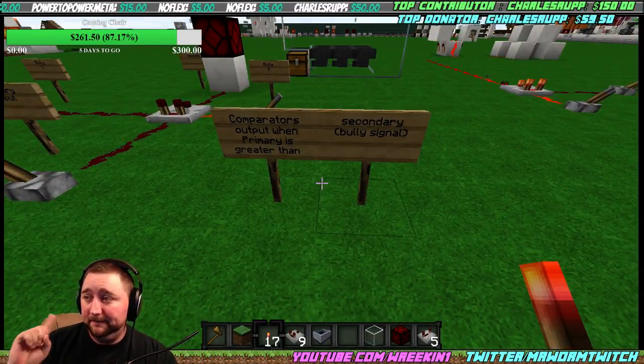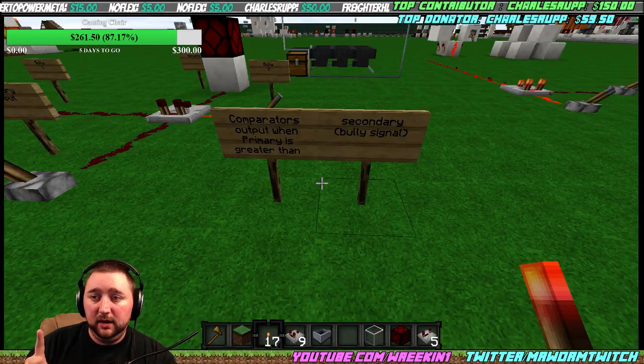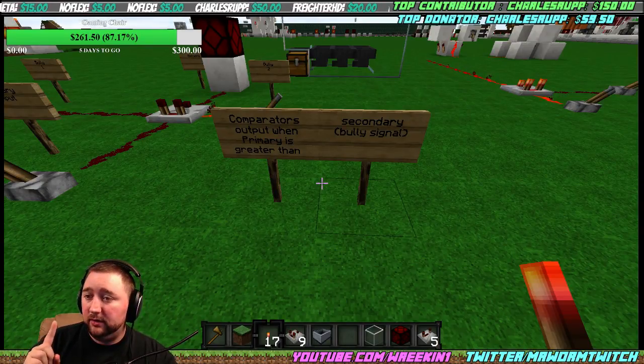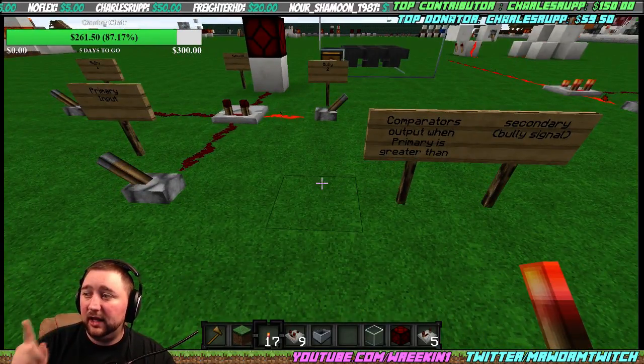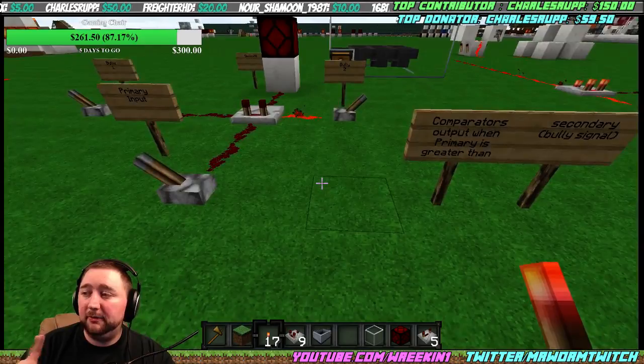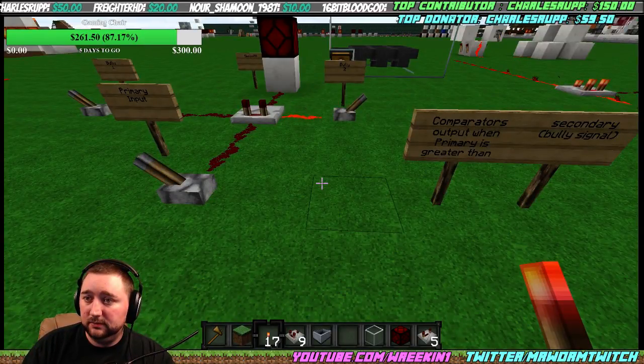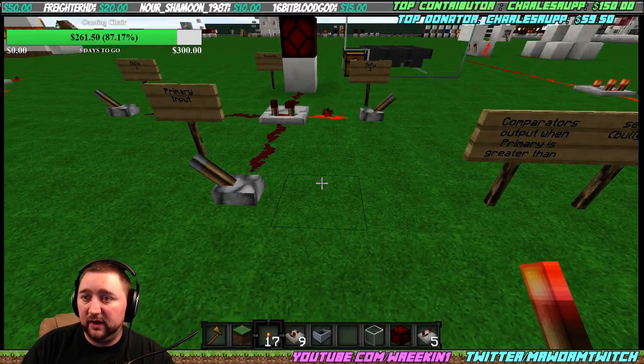Comparators output when their primary is greater than their secondary, okay? The way that I explain this is it's like a bully who's trying to prevent you from getting to school or work or your girlfriend or whatever.